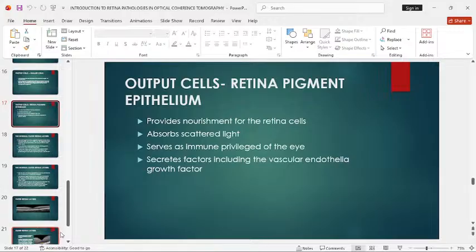We see vascular endothelial growth factor come into play when there is a shortage of oxygen to the eyes, and then these factors will cause new blood vessels to grow. These new blood vessels are not strong, they are fragile, and then they proliferate. So the retinal pigment epithelium is responsible for this growth factor called vascular endothelial growth factor.